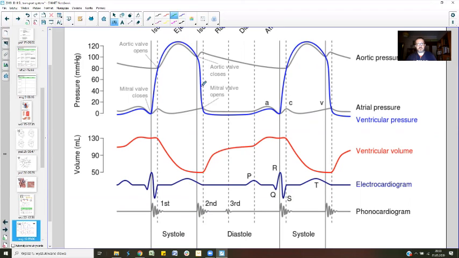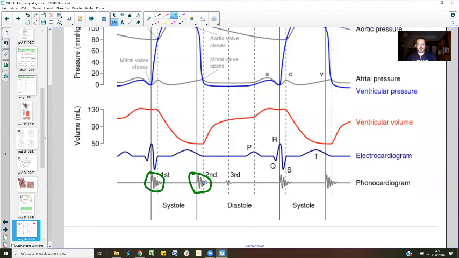Therefore, blood pressure must decrease in this graph. And this line here shows the phonocardiogram, so the sounds of the heart. Here we have the first heart sound, so the lub, and here we have the second heart sound, so the dub, the closure of the bicuspid valve and closing of the semilunar valve.